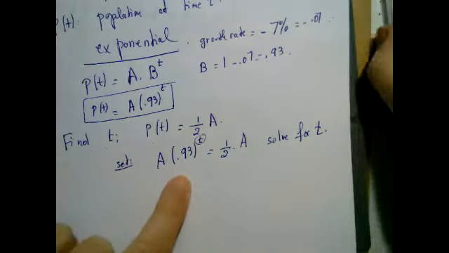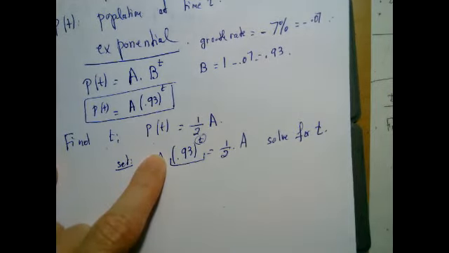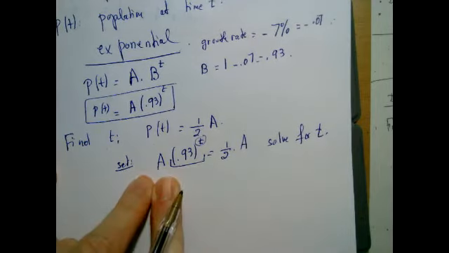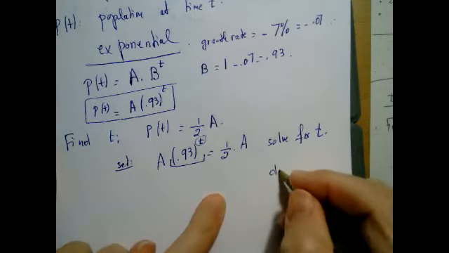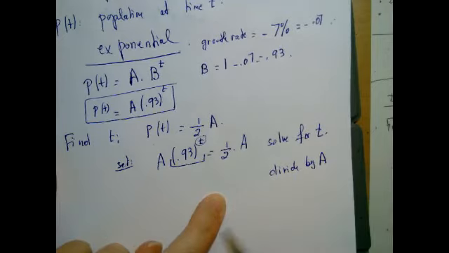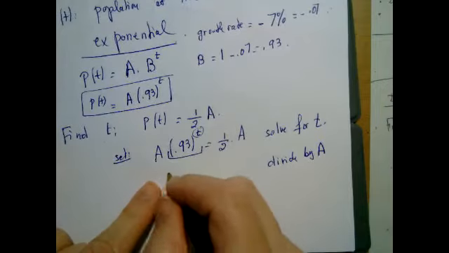I have to isolate the exponential. How can I isolate the exponential? I have to get rid of A. How to do that? I have to divide by A. And as you realize, when we divide by A, the A is gone. We don't have to worry about it.